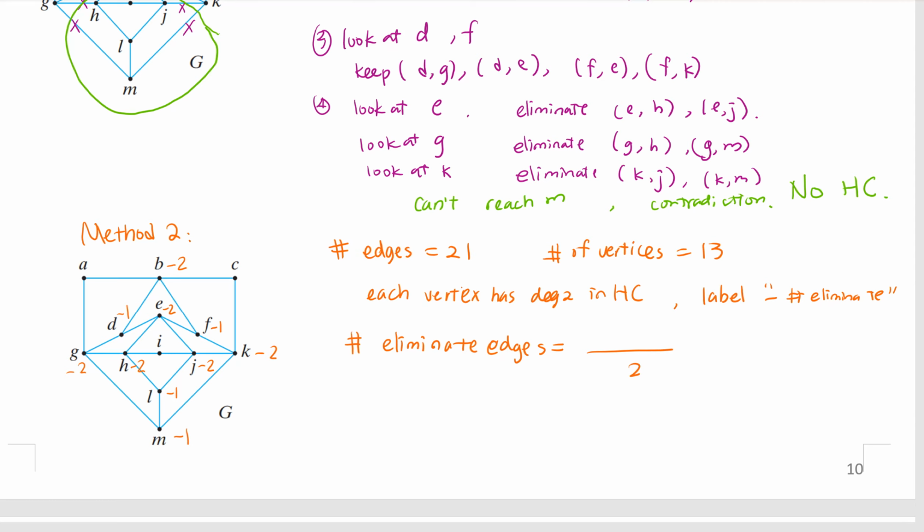So add those labels together. Let's see. We have 2, 4, 3, 5, 6. 6 plus 8 is 14 plus 2, 16. So we have 16 of them. Okay, so far so good.